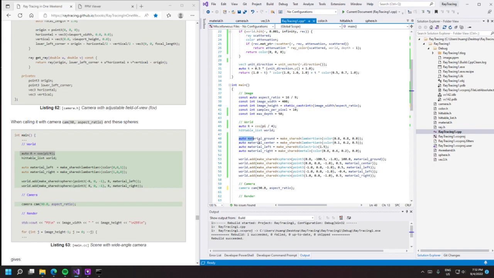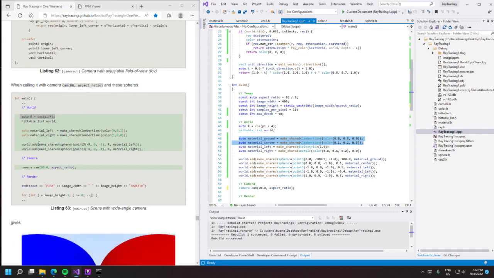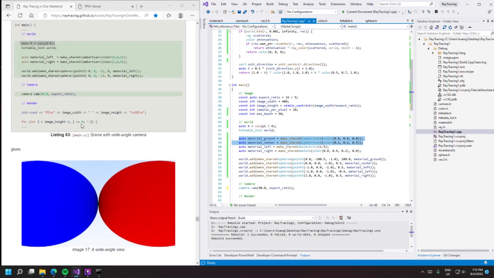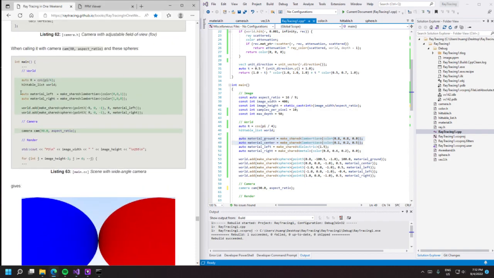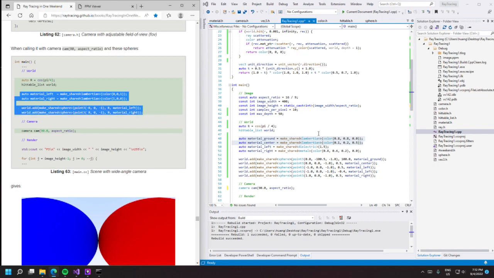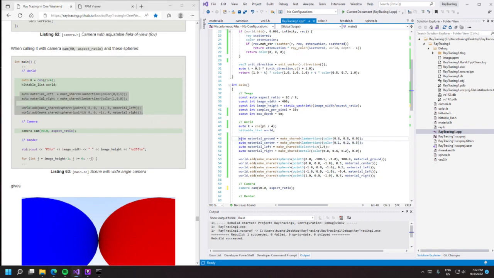And do we just not do the ground and center? Just do left and right? Oh, okay, we just changed the thing. Just change the thing, so okay, then I'm just going to copy and paste it because we basically get rid of a lot of things that we have.